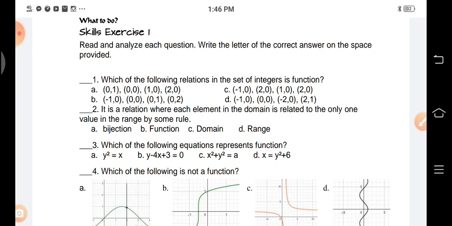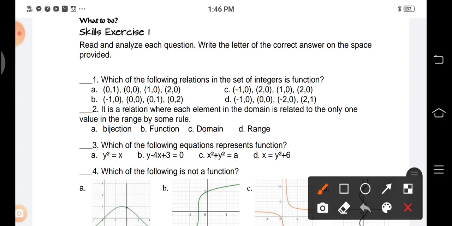So cross it out. It is not a function. How about letter B? Negative 1, 0, 0, 0. So again, it's not a function. X or the domain is repeated.